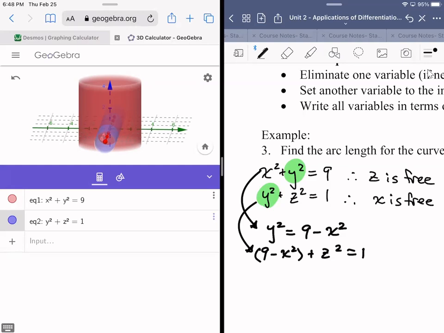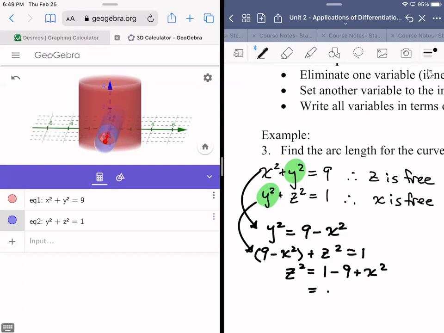All right. So we already know what y is equal to in terms of x. So let's solve for z in terms of x. So z squared would be equal to 1 minus 9 minus, well, minus a negative, so plus x squared.